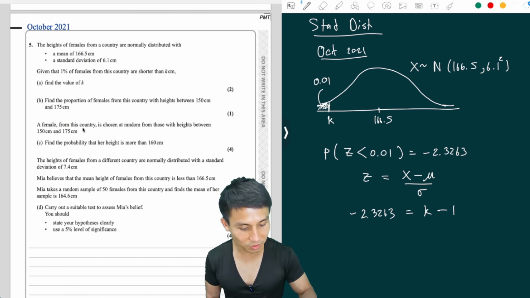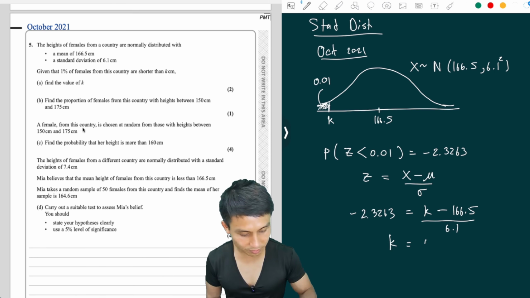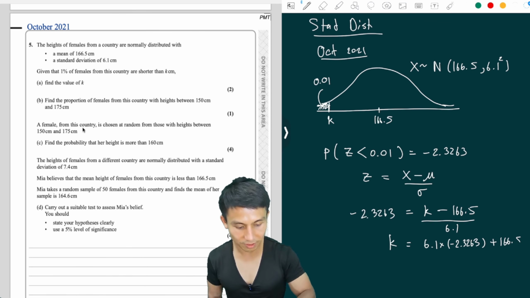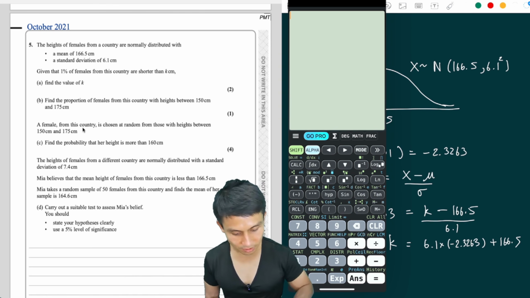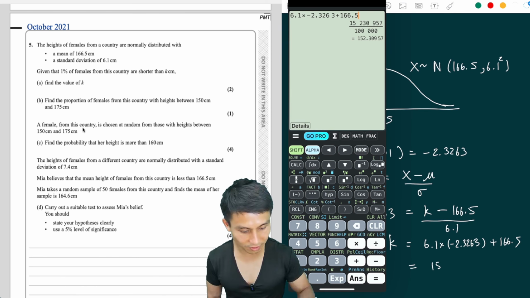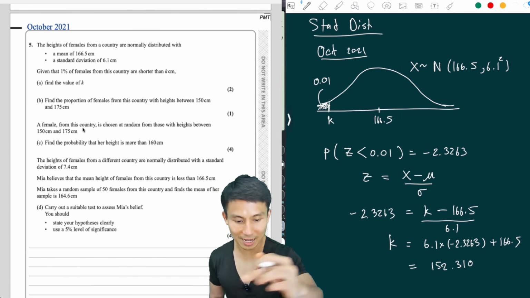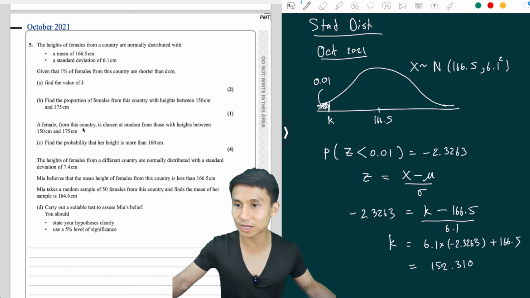Then we just solve for k. k equals 6.1 times minus 2.3263 plus 166.5. Using the calculator, that's 152.31. I'm just going to leave it at that. That's the value of k there.